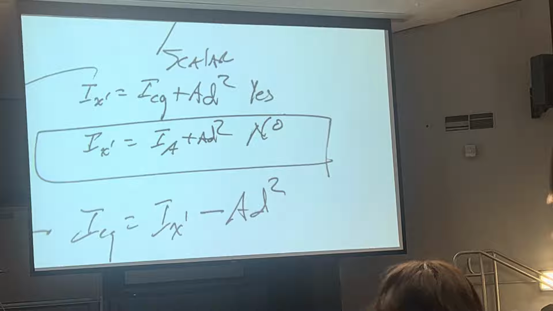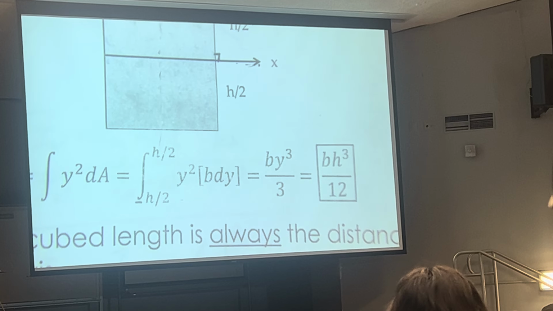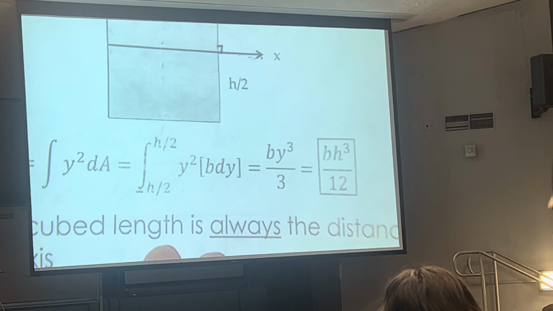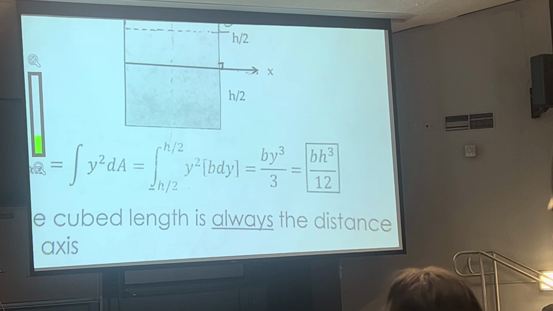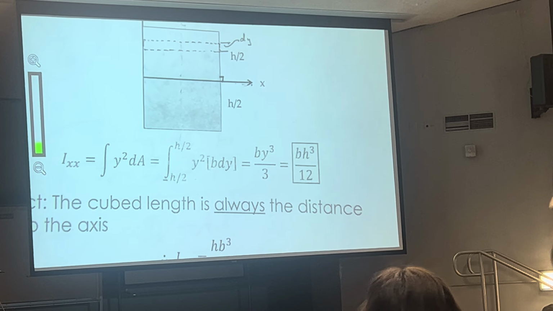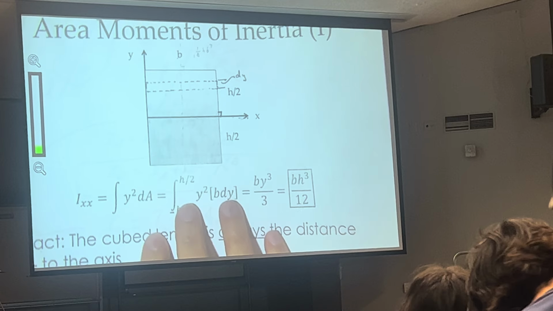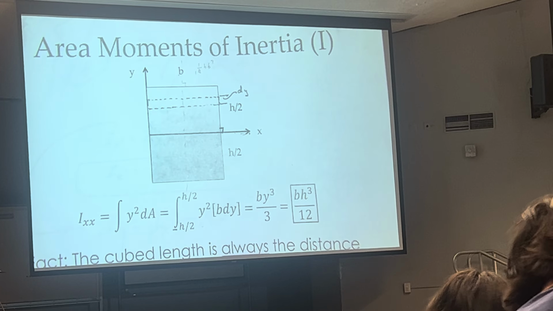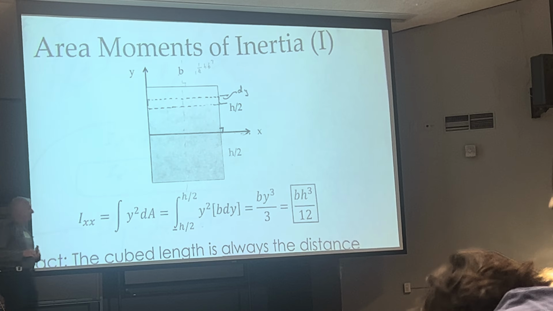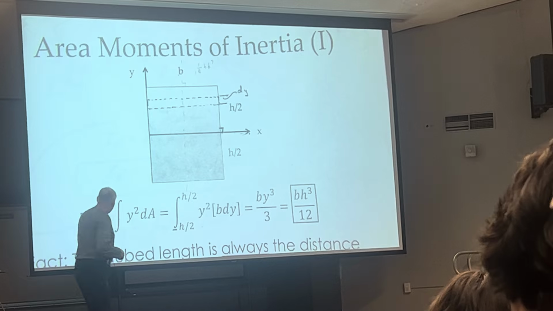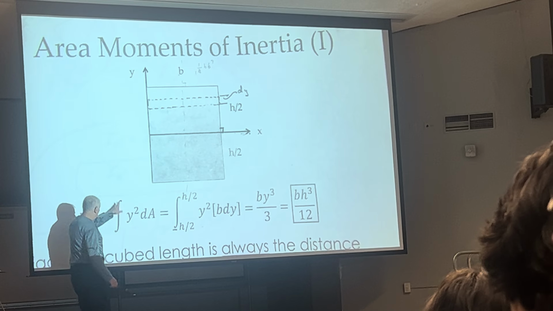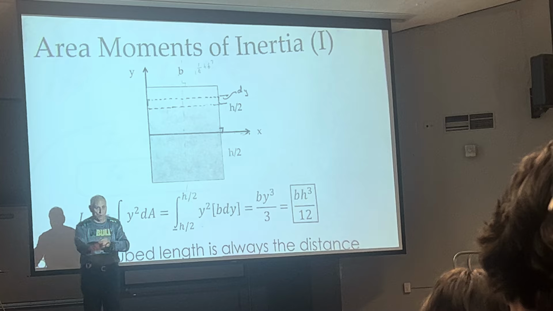Now here is how you would do the integration. Let me zoom out a little bit. So here is integration. I'm going to say Ixx is equal to the integral of y squared dA. That's the formula.